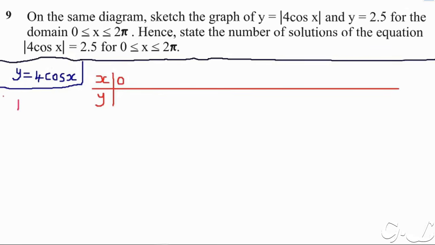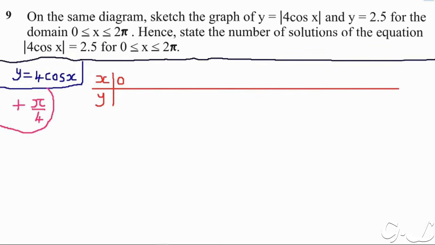Since we are given that the domain is x greater than or equal to 0, we are going to start with 0. We have to look for those values which are greater than or equal to 0, and we need to mind that it should also be less than or equal to 2 pi.